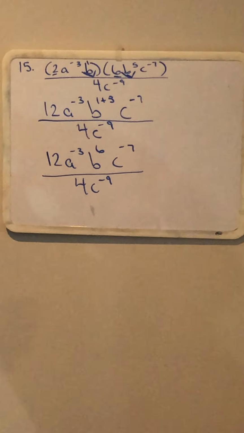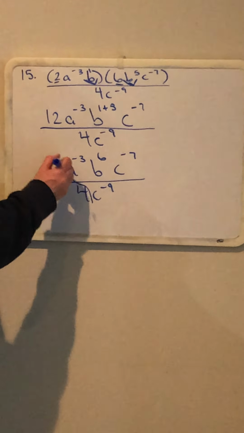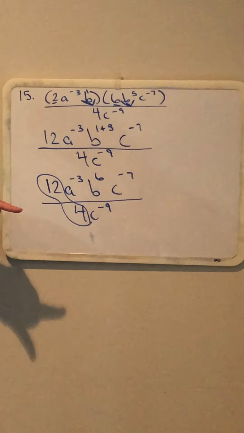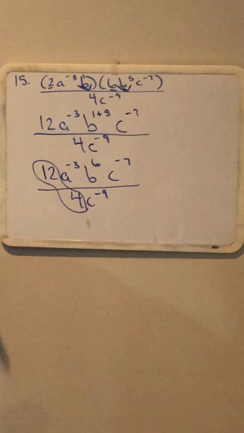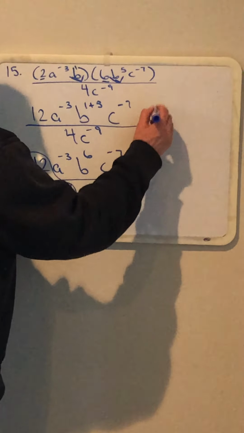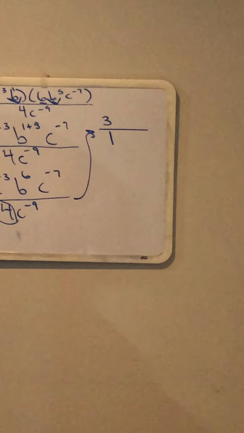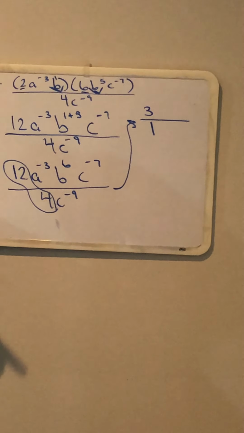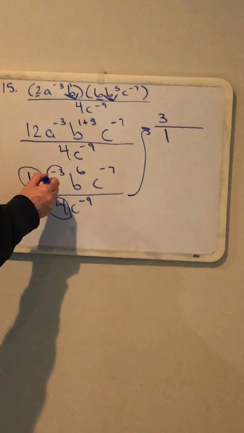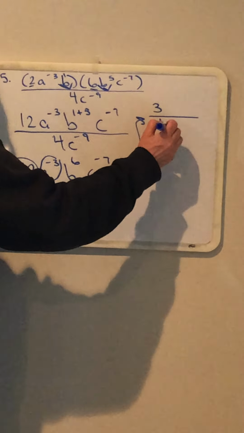Now you take a look and you say, okay, 12 and 4, those are reducible to 3 over 1. So you've got 3 over 1. Now we have to look for who's moving. A to the negative third is moving down, so that's A to the third.